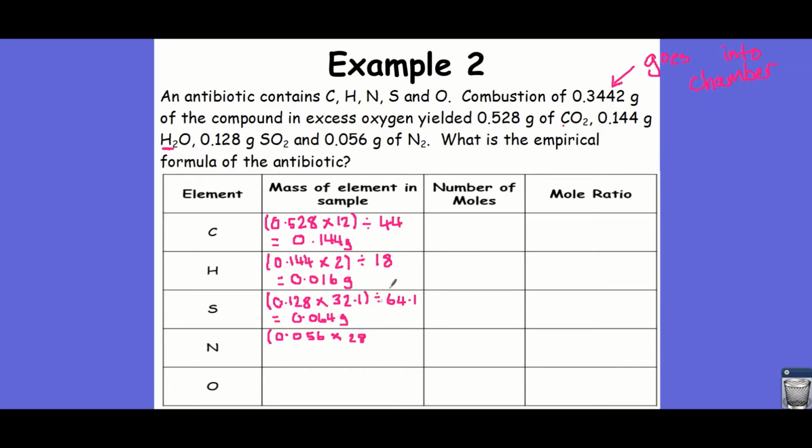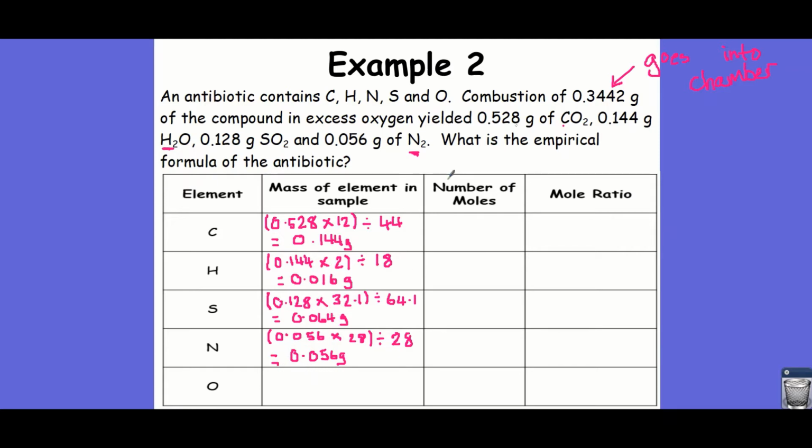Remembering it's 28 here because it's N2. Now for oxygen, it just makes up the difference here. So this is what goes into the chamber, and you've worked out what the mass of all the rest is.